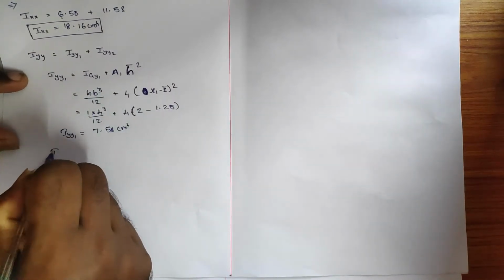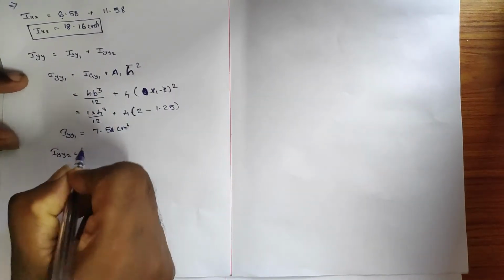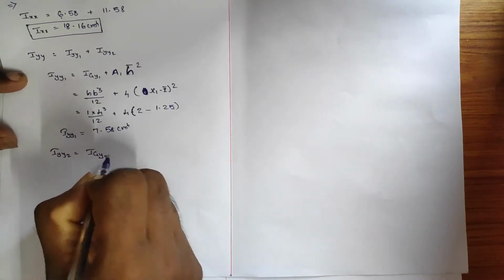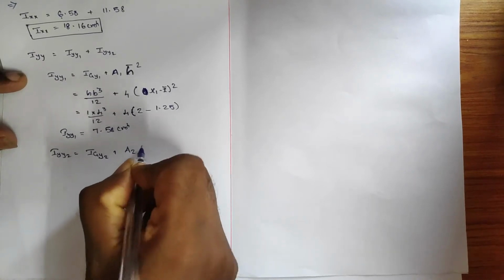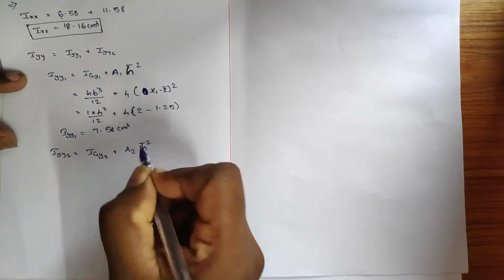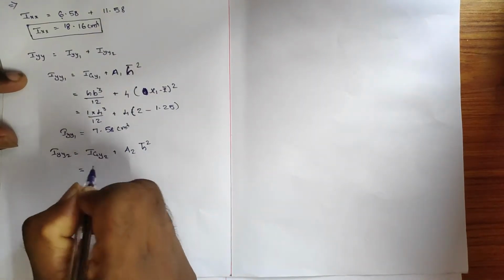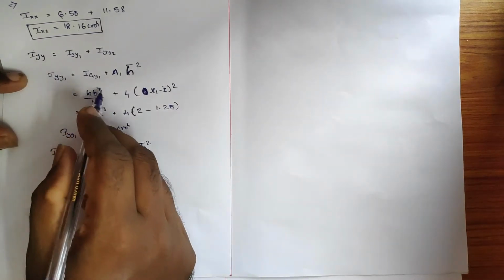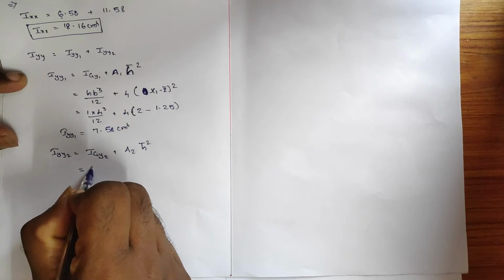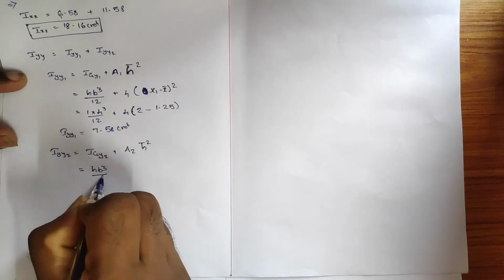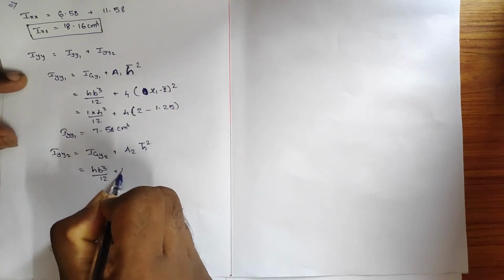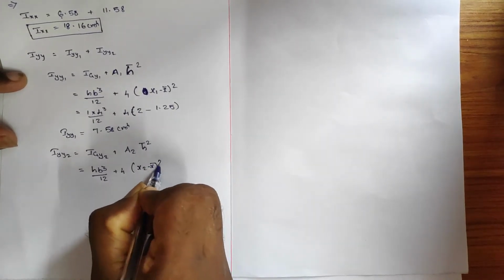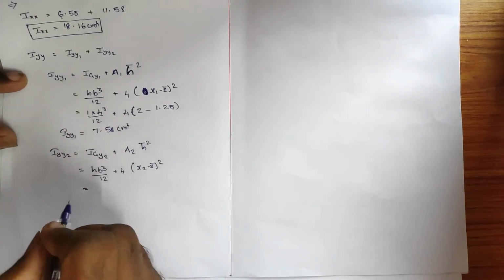If you do it for IYY2, then you will get IGY2 plus A2 into (X2 minus X bar) the whole square. Here you will get HB cube divided by 12, it is for Y, and X2 minus X bar the whole square. In a similar fashion we elaborate it.